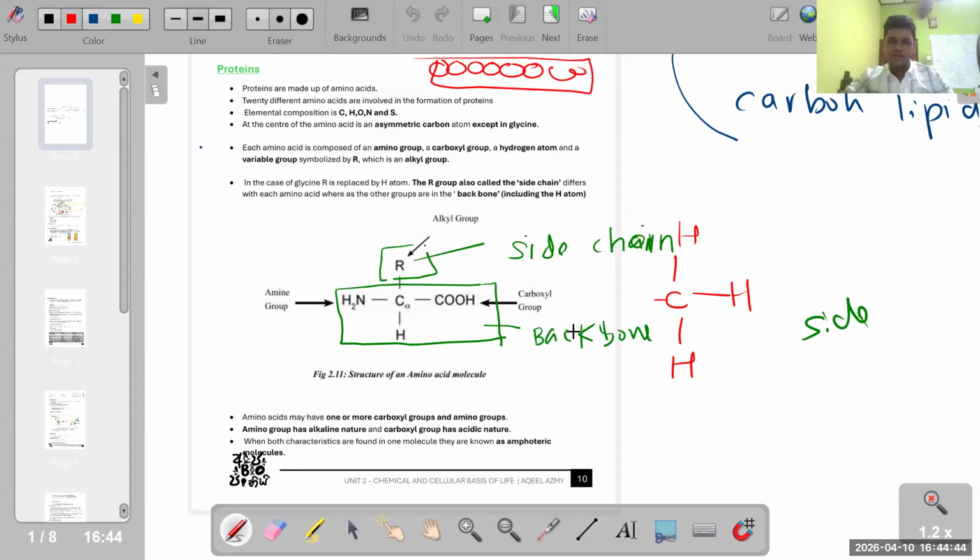Can you understand? So how many side chains are present? How many side chains? One. How many backbones? Just give me the number. One. How many components in a backbone? Four.